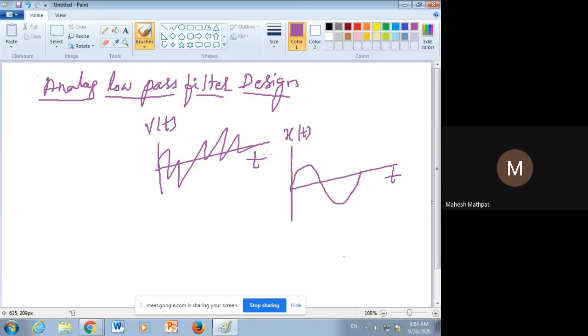Okay, no problem. So why is v of t not an analog signal? Anybody? Because it doesn't have a specific time interval. Which one? v of t.